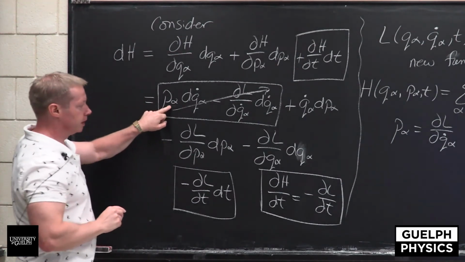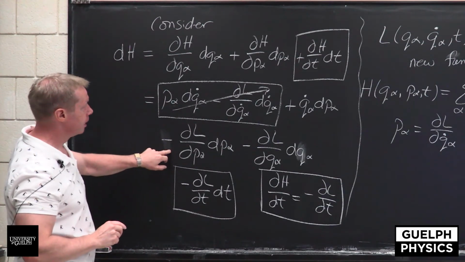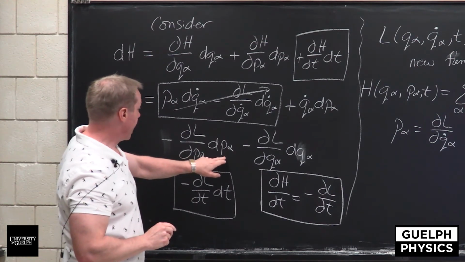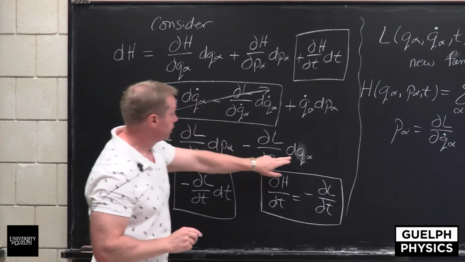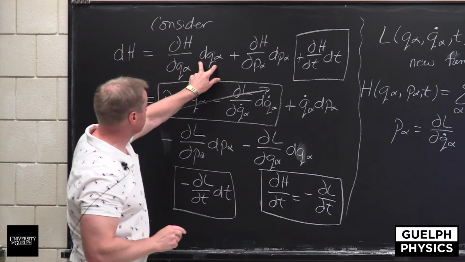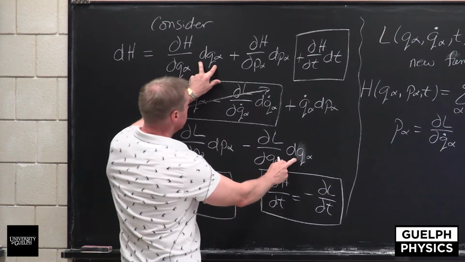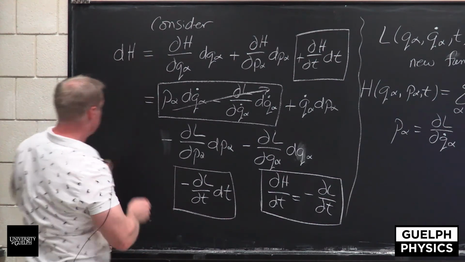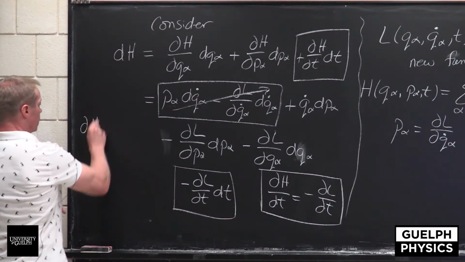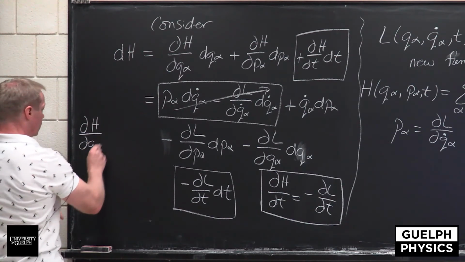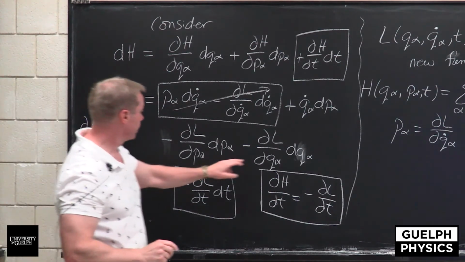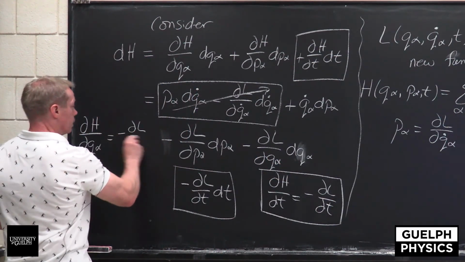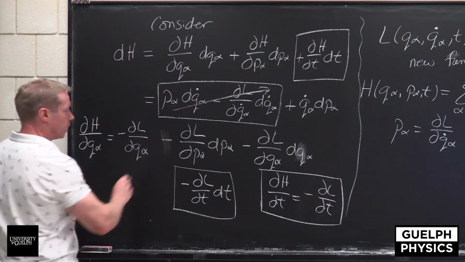So those conveniently cancel. Now I have a term that depends on dq alpha. And so I can also write that dH by dq alpha equals minus dL by dq alpha.